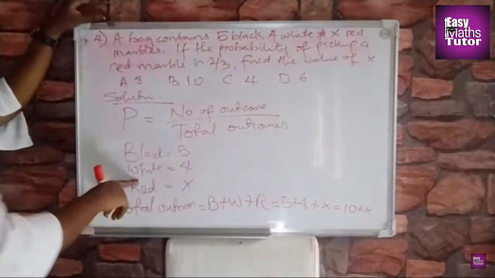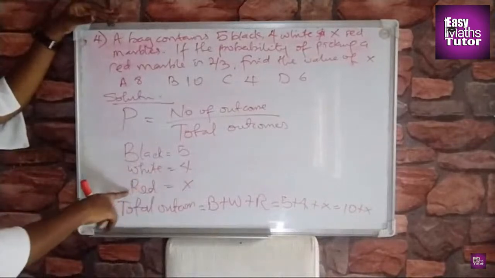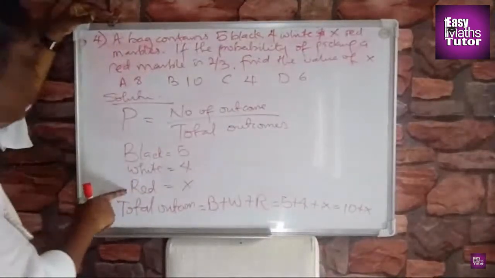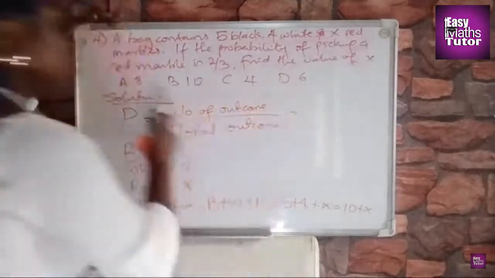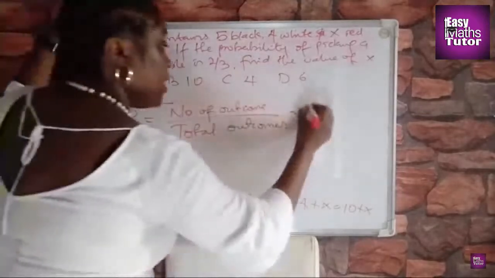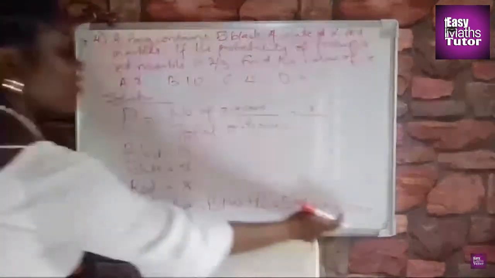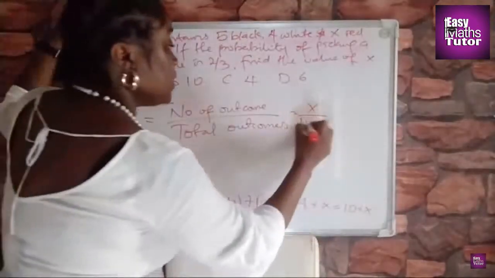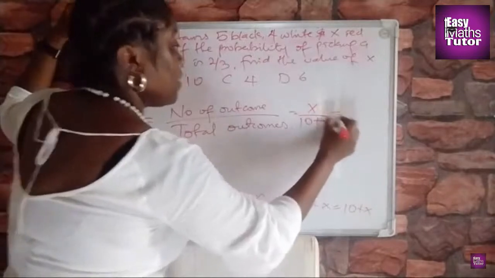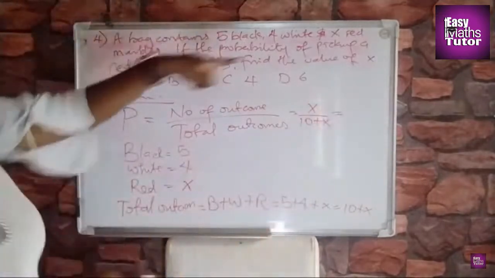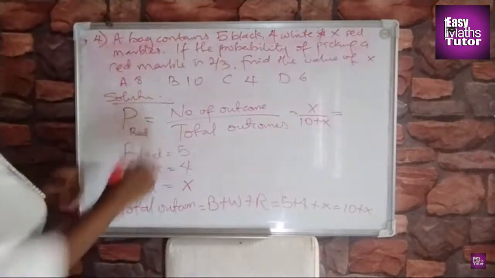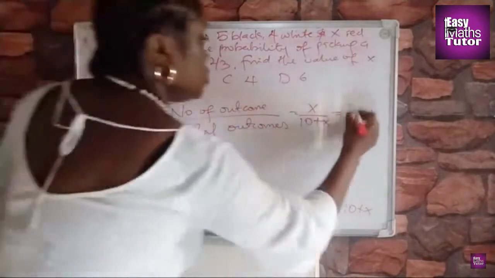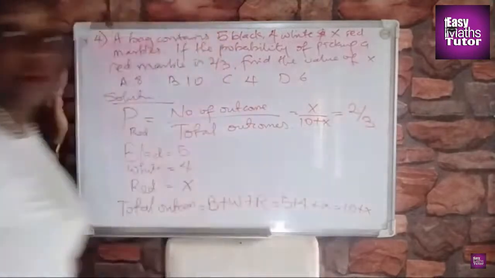But the outcome we are interested in is the red, which is X. So the number of red outcomes is X, and the total number of outcomes is 10 plus X. We're told the probability of picking a red marble is 2/3.